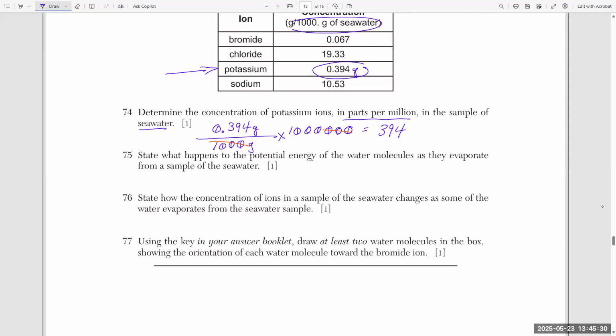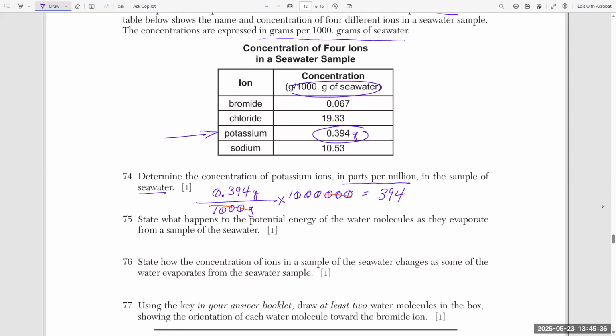State what happens to the potential energy of water molecules as they evaporate from a sample of seawater. Okay, we're evaporating and we're talking about potential energy. What's the only graph that you know of that shows that? Can you guess? It's the one with the 2 plateaus and 3 slopes. Remember, it's solid, liquid, and gas or vapor over here.